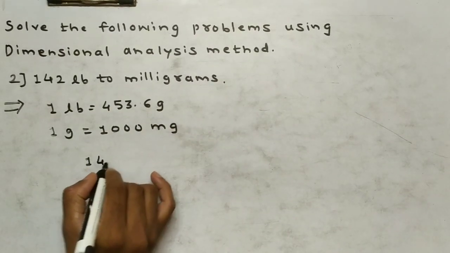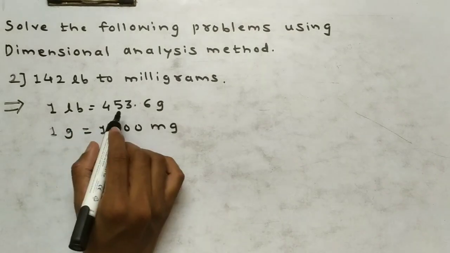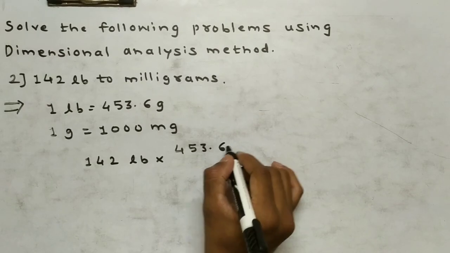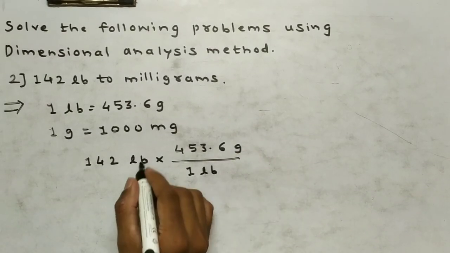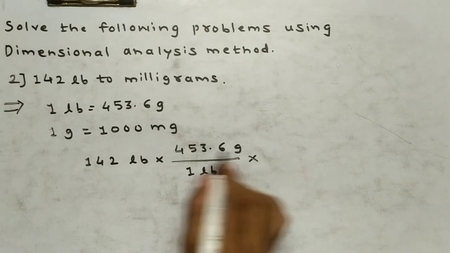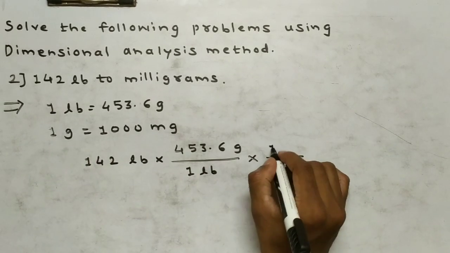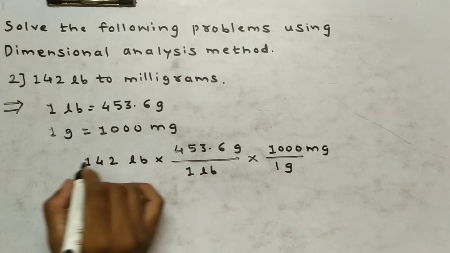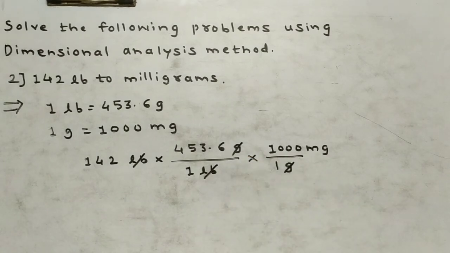So 142 pounds. Now here 1 lb and 453.6, so we'll write 453.6 in the numerator and 1 lb in the denominator, so that lb will get cancelled, and then we have 1 gram, so here we'll write in denominator 1 gram and here 1000 milligrams. Now we'll just cancel out the units, lb, grams and grams.